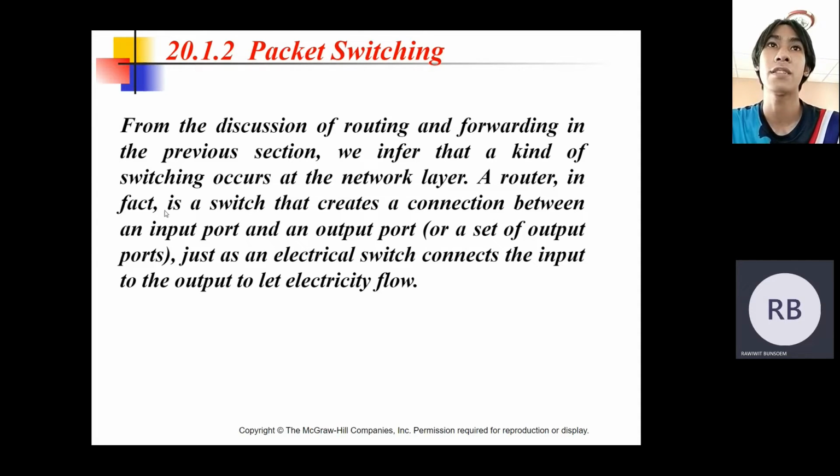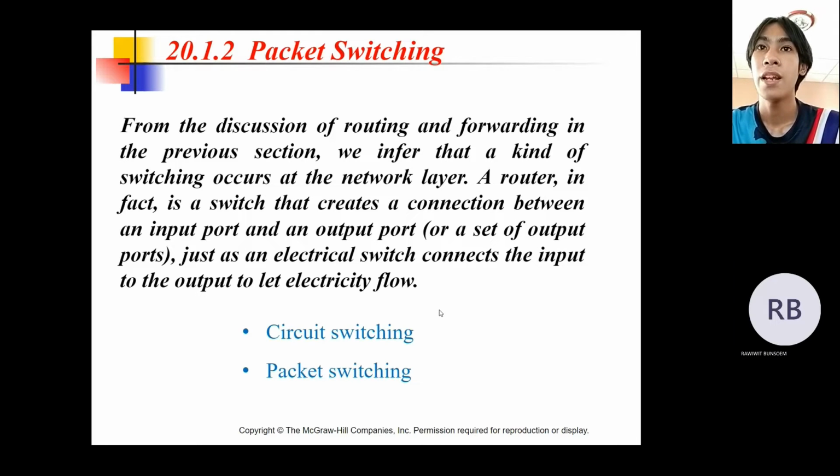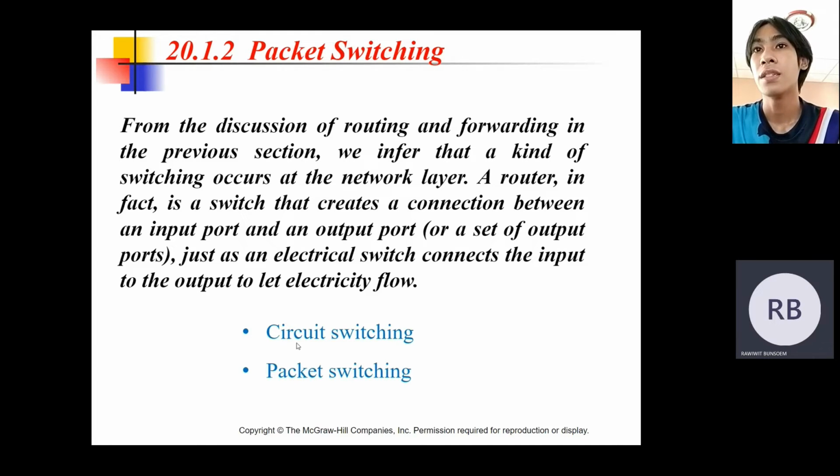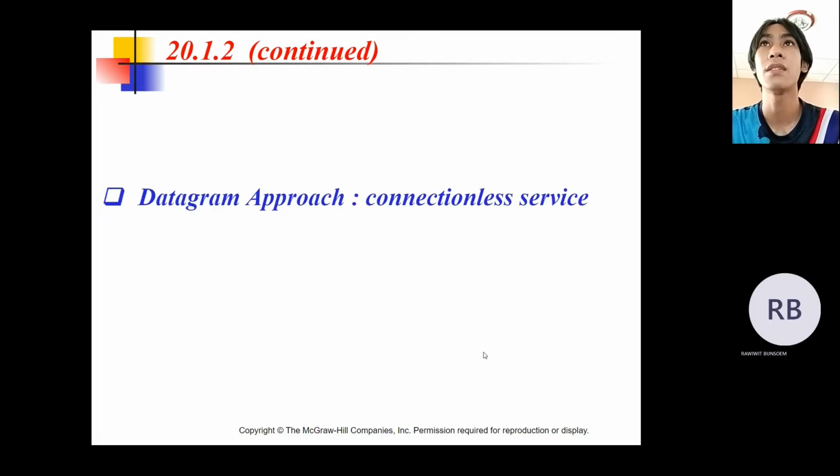A router, in fact, is a switch that creates a connection between an input port and an output port, or a set of output ports, just as an electrical switch connects the input to the output to let electricity flow. And we have circuit switching and packet switching. The next, continue.